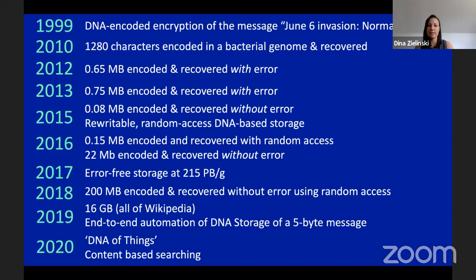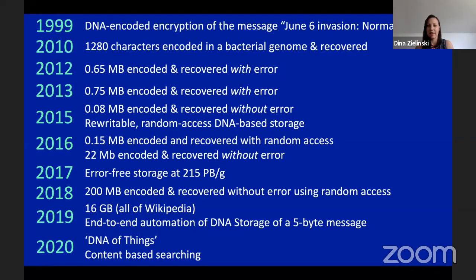And more recently, in 2020, there was a method called the DNA of things, where researchers actually took synthetic DNA, so they encoded their digital files in DNA, and then they actually were able to encapsulate this DNA and mix it in 3D printing material.